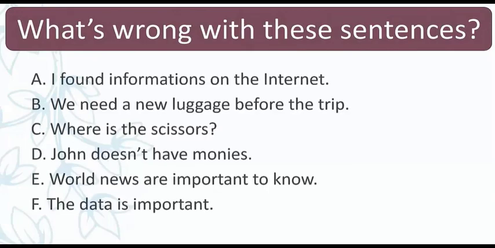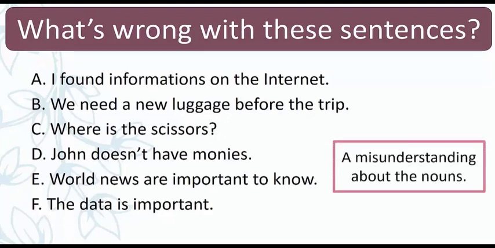What's wrong with these sentences? If you've made these types of mistakes with nouns in English, no one would stop and correct you because in the big picture, they are minor mistakes. But native English speakers will quickly recognize you as a non-native user of English if you make these types of mistakes.